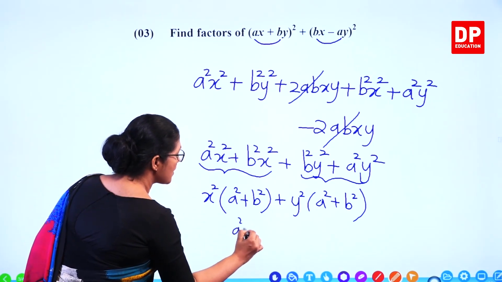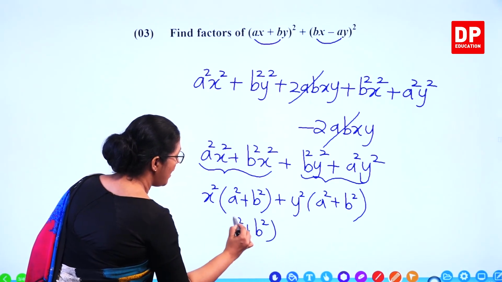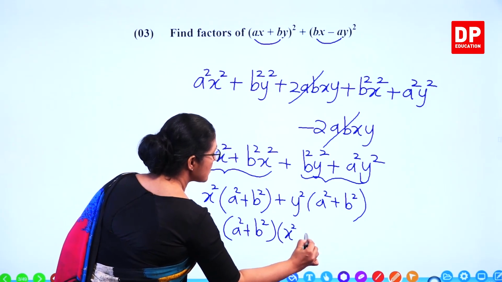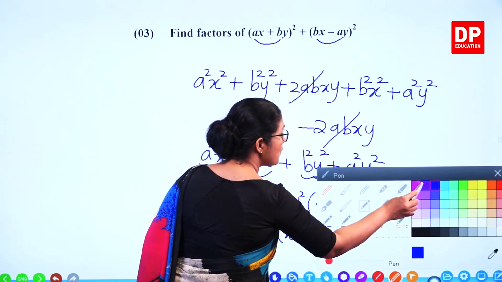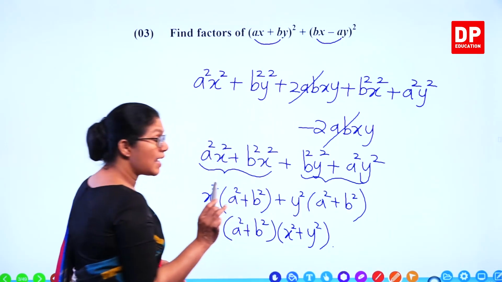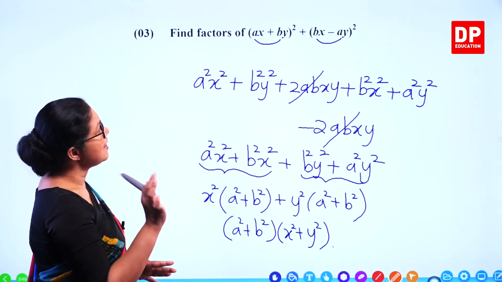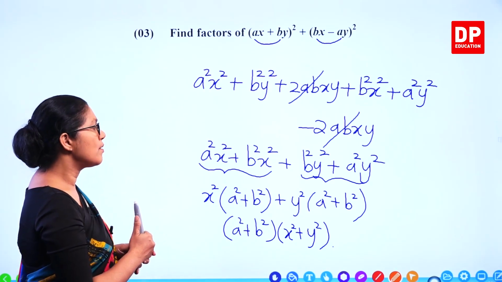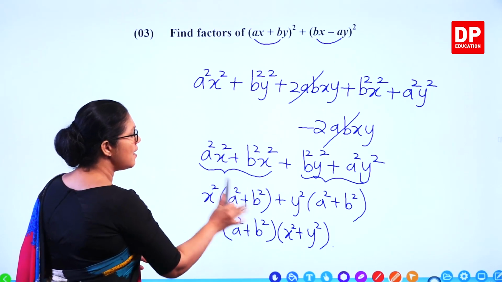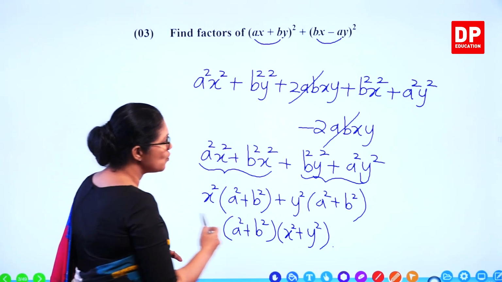So a squared plus b squared and you get x squared plus y squared. So this question is slightly different to what you normally get. We can't see at once. When you expand, some terms get cancelled out and you can afterwards easily factorize. So you get 2 marks for that.